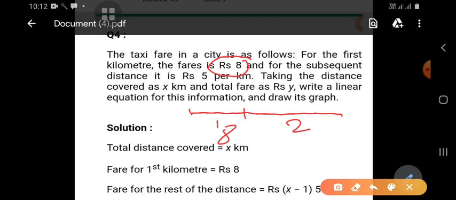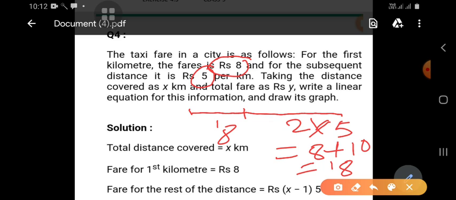For the subsequent distance, after the first kilometer, the remaining is 3 minus 1, that is 2 kilometers. For these 2 kilometers you have to pay rupees 5 per kilometer, that is 2 into 5. So the total you have to pay is 8 plus 10, that is 18 rupees.